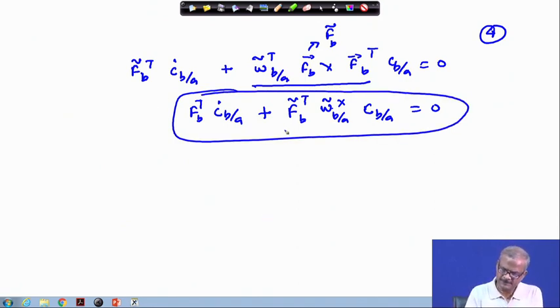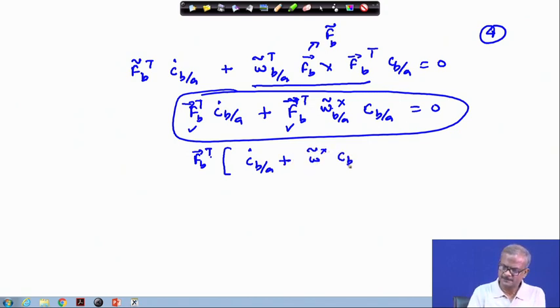Now, what we see is that this quantity is common to both these terms. So, we can take it outside and write inside C dot B slash A plus omega tilde cross C B slash A, this equal to 0.